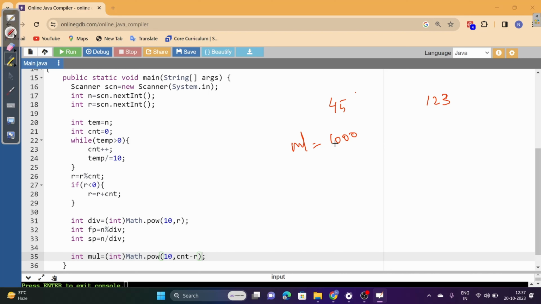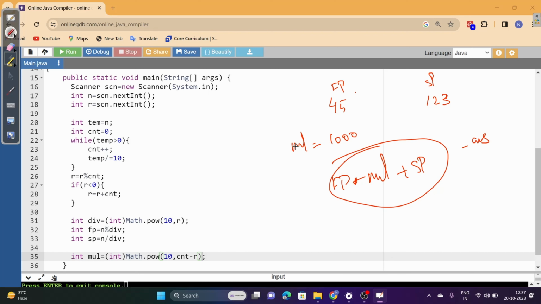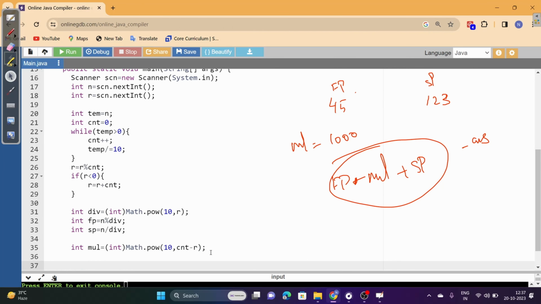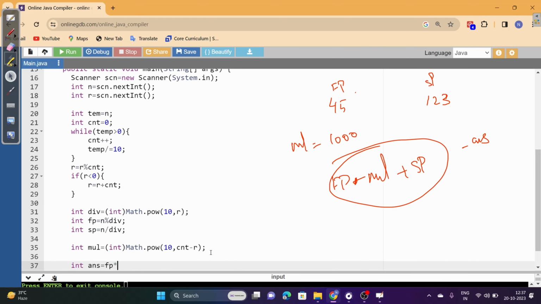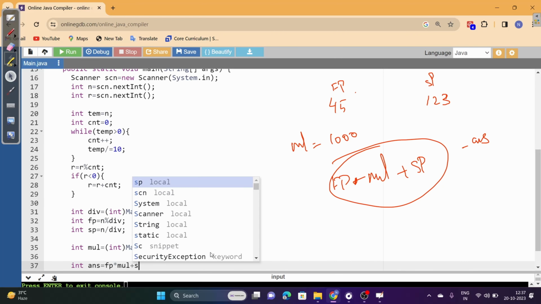In this case, I can simply say first part into multiple plus second part. Yes, I'll get the answer. This is the final answer, right? So let's do it. Int answer equal to first part into multiple plus second part.